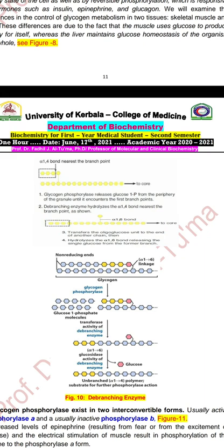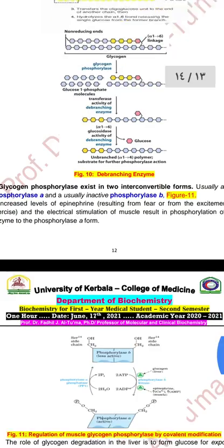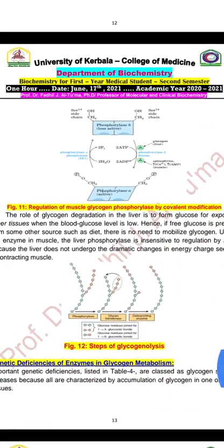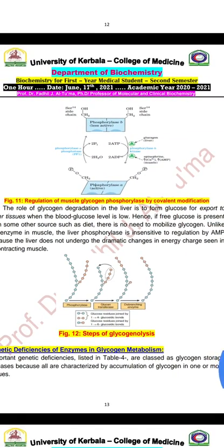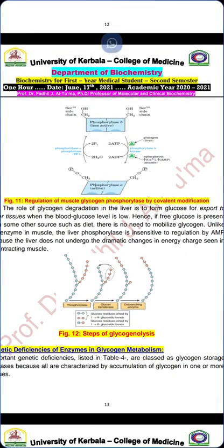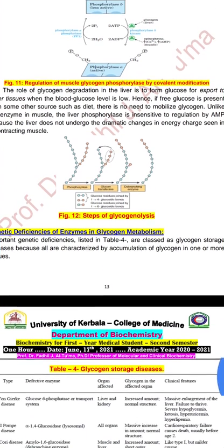The enzymatic defect in glycogen metabolism leads to various accumulations of glycogen intermediates in 1 or more tissues، وهذا lead to ما يسمى بالglycogen storage diseases. الفيجر هذا الأخير يوضح لك، فيجر 12 يوضح لك كيفية glycogenolysis.